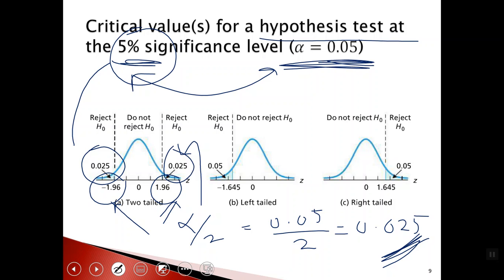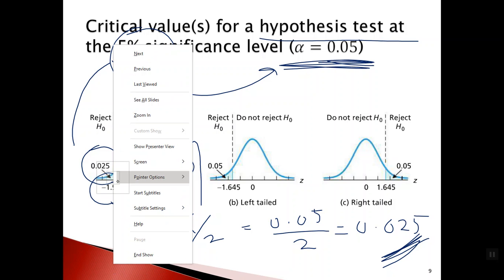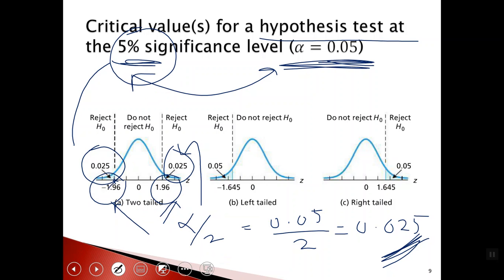Then you can calculate this limit value, the values at the cross marks. It is negative 1.96 and positive 1.96. Those are the critical values in the two-tailed case.